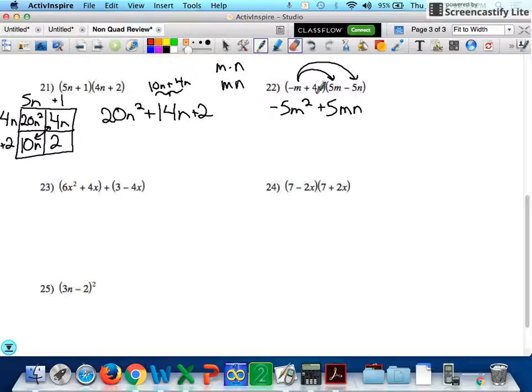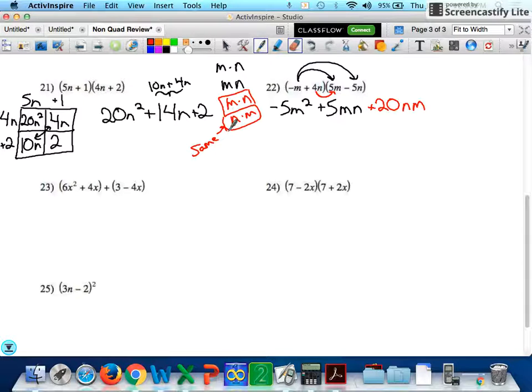Our second set of distributions will give us positive 20 nm is how most people write this, but look, m times n and n times m are the same thing, so you can write it whichever way you want.